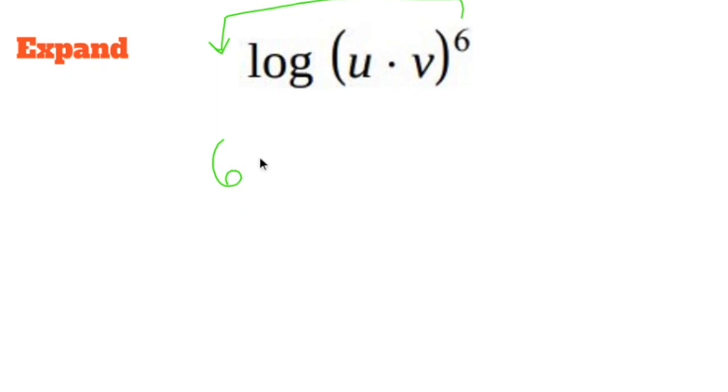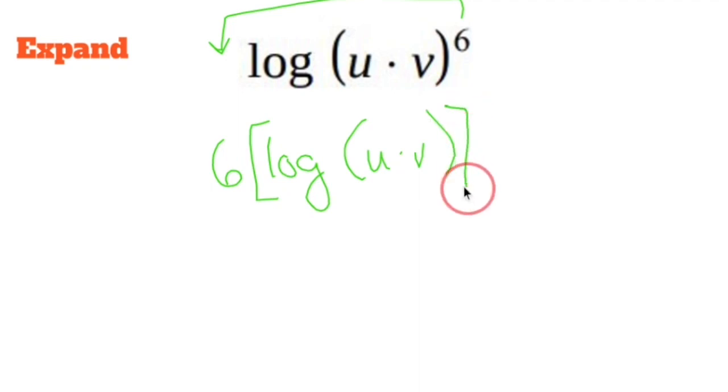So now I have 6 log u times v. Now I'm going to throw this in brackets just to demonstrate what happens next. If I'm multiplying stuff inside a log, what I do is I split it up through addition. So 6 is still living out here.